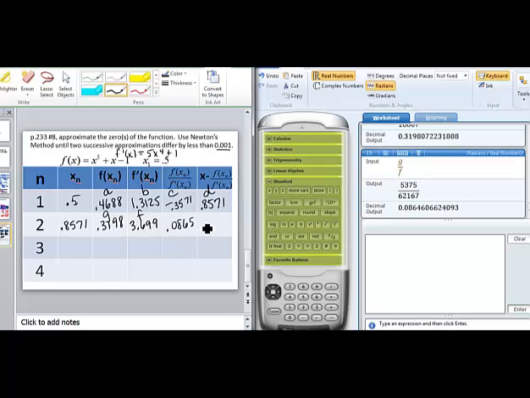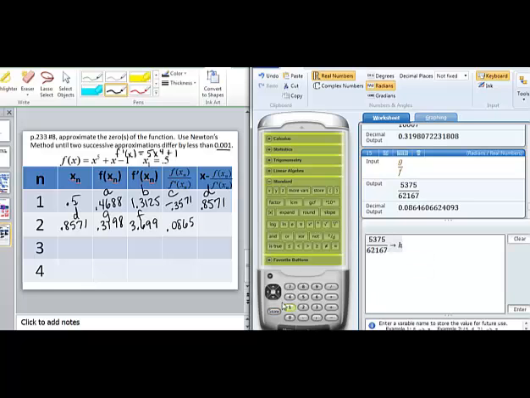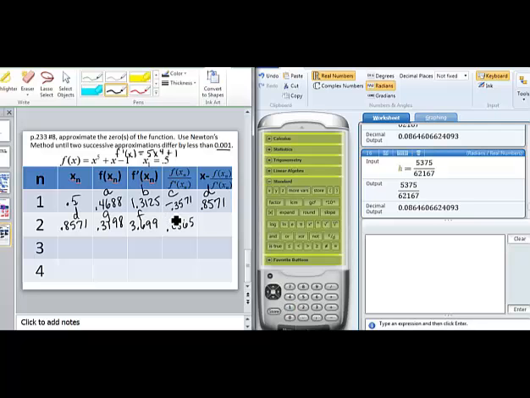0.0865. Then I'm going to take this x value, which I had stored as d. This was d, and I'm going to subtract d minus, well, I'll store this as h. So I'll store as h, and now I can do d minus h.